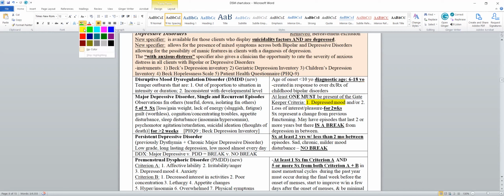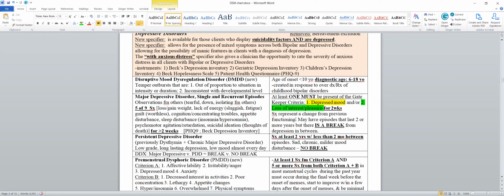There must be at least one of these fulfilled. In addition, the person has to have at least a depressed mood and/or loss of interest in pleasure. They still have to have 5 of the 9 symptoms for more than 2 weeks.